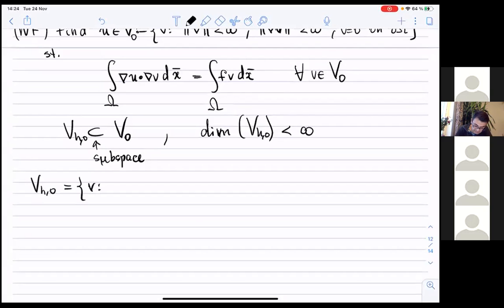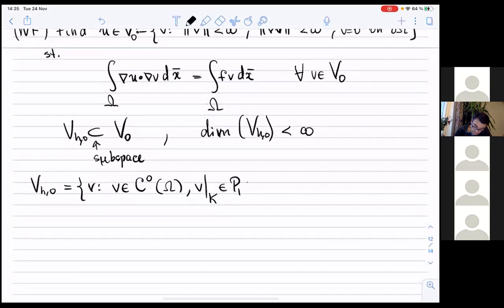These are all v that are continuous on omega, and the restriction of v to elements K is a polynomial of degree 1 for simplicity. It could also be of higher degree, for all K from the triangulation. And in addition, v equal to 0 on the boundary d omega.